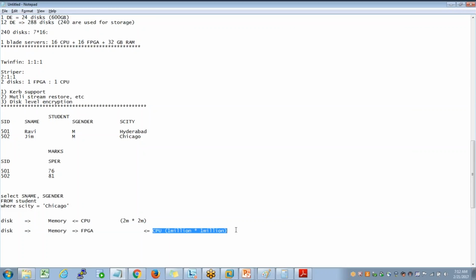This was not developed by IBM or Netezza, right? You said some company, Ravi. What is it? Xilinx. This was a company that makes FPGAs, and Netezza buys these FPGA components.